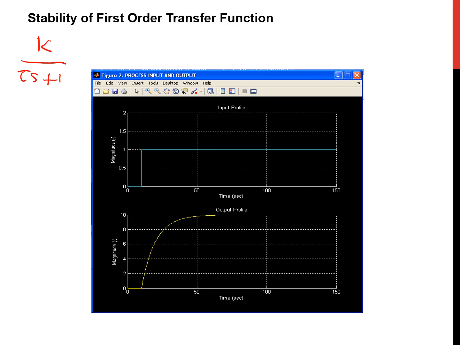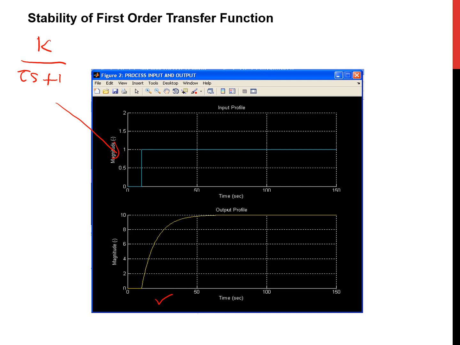This is your transfer function, and then using the step input, you have 1 over s, a change of magnitude 1, and this is your response, where for the first order typically it will steadily increase until it reaches the steady state value, so it is maintained.